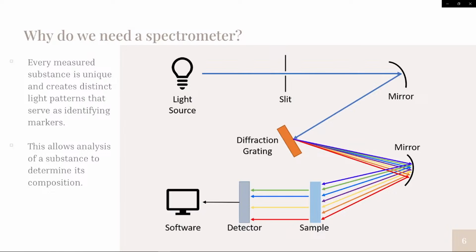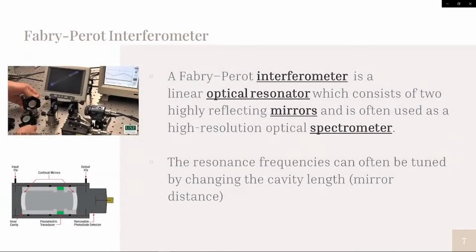Of the different spectrometers that I introduced, I'm going to give you a short explanation about the Fabry-Perot interferometer because it has been used a lot of times. A Fabry-Perot interferometer is like a linear optical resonator which consists of two highly reflecting mirrors, but this is used as a spectrometer.